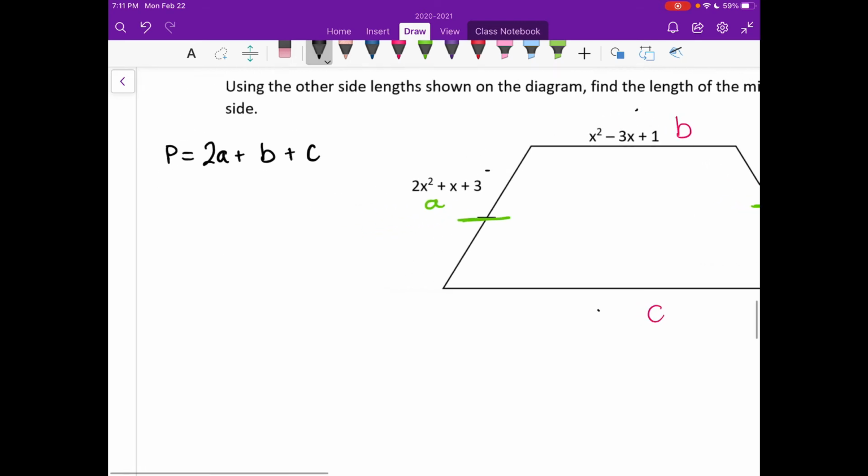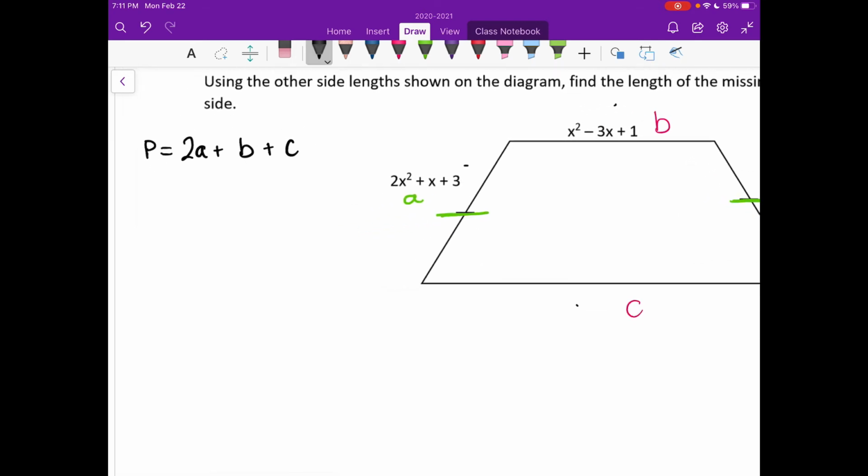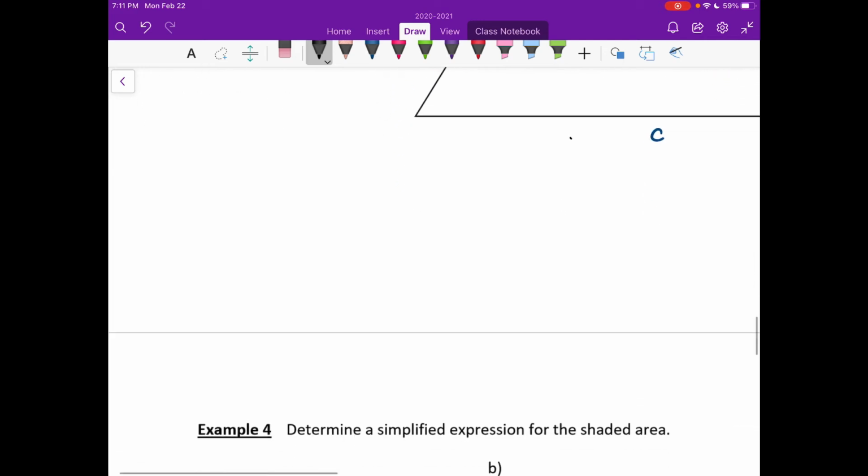Okay, so I am going to change this C into that. We're going to leave our perimeter as a black marker, and we know that our perimeter is equal to, and I'm just going to scroll down so I have space.